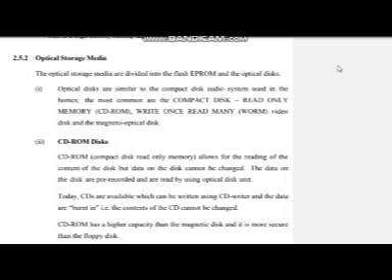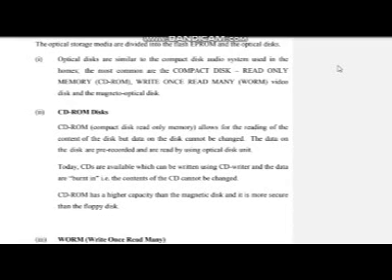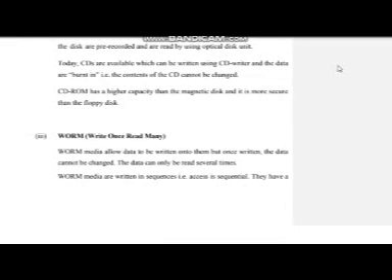Then we have WORM, write once, read many. WORM media allows data to be written onto them only once. The data cannot be changed. The data can only be read several times. That's all you need to know.